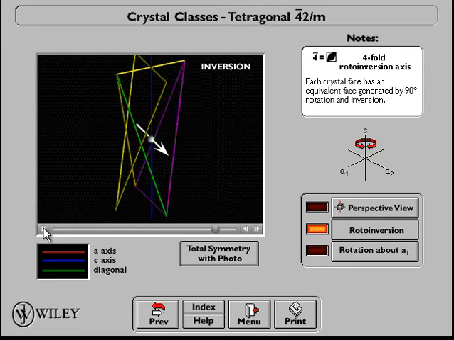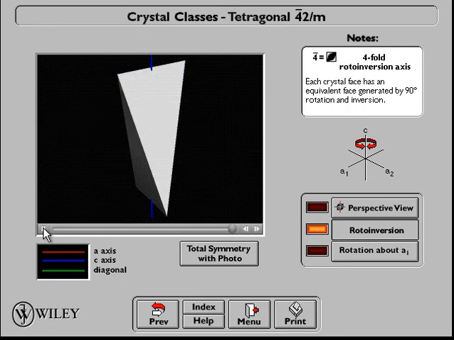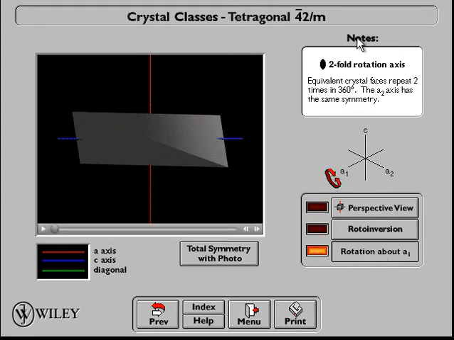And finally the last inversion. And now we are making here a rotation about A1. We have a twofold rotation axis.